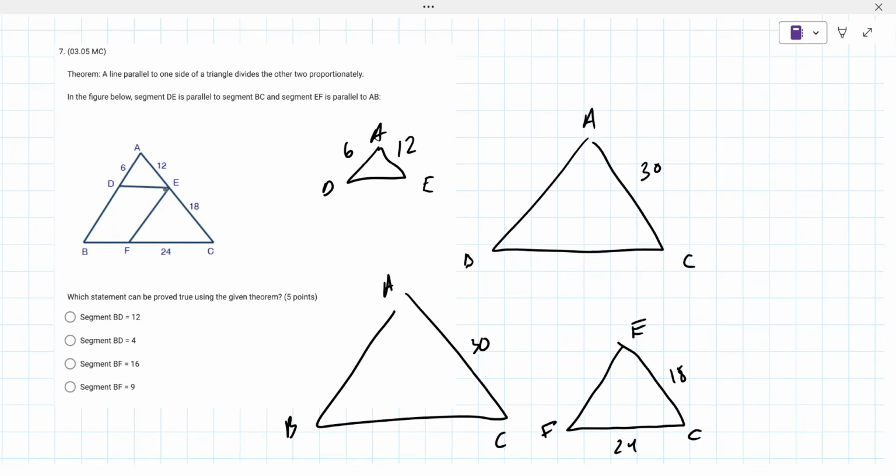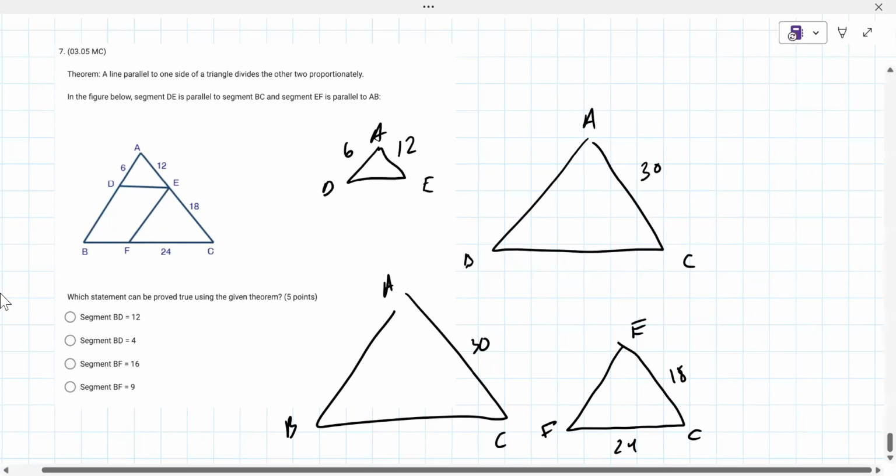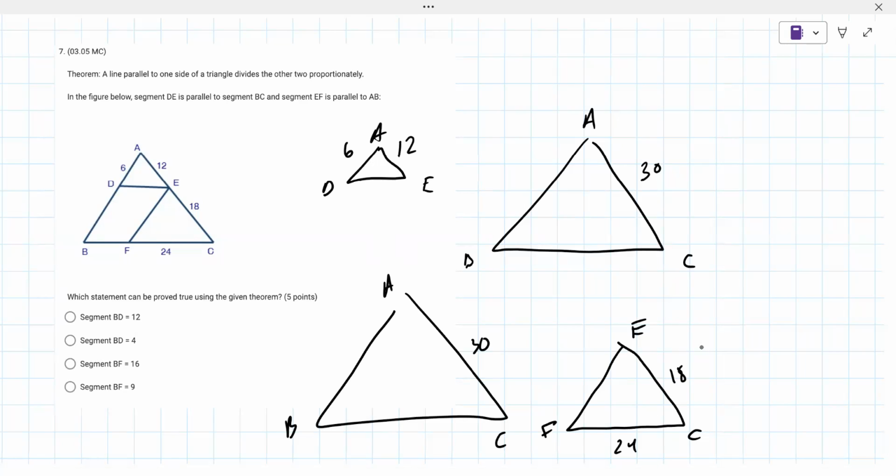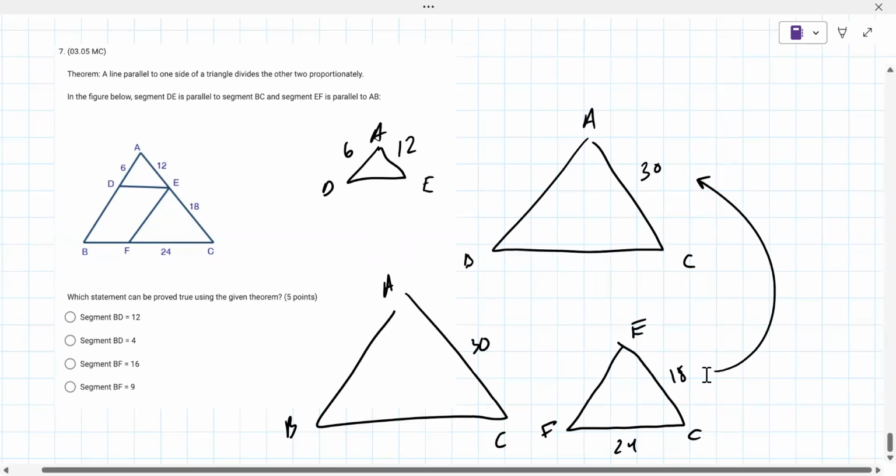DE is parallel to the segment. So basically we're going to go one by one here. Can we prove that BD, where's BD? Okay, BD is that 12. The only way we can do that is if we look at one of these other ones, like how do you go from this to this, or 18 to 30?